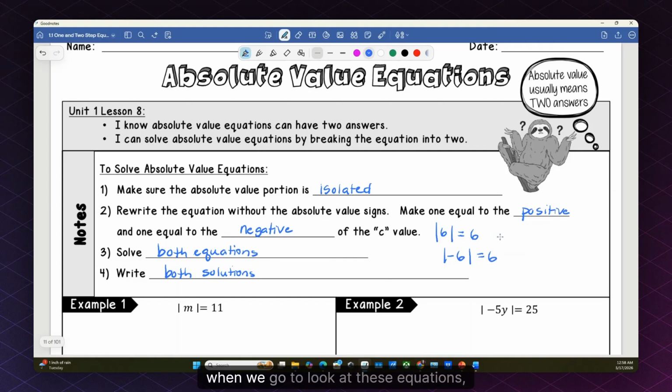So when we go to look at these equations, it turns out there's two ways that you can get this answer, because in this case, this 6, we could get it either because we had a positive 6 in the absolute value or we had a -6. And this is how we're going to end up with two different answers. So in the next part, let's go ahead and look at some examples of what we mean.